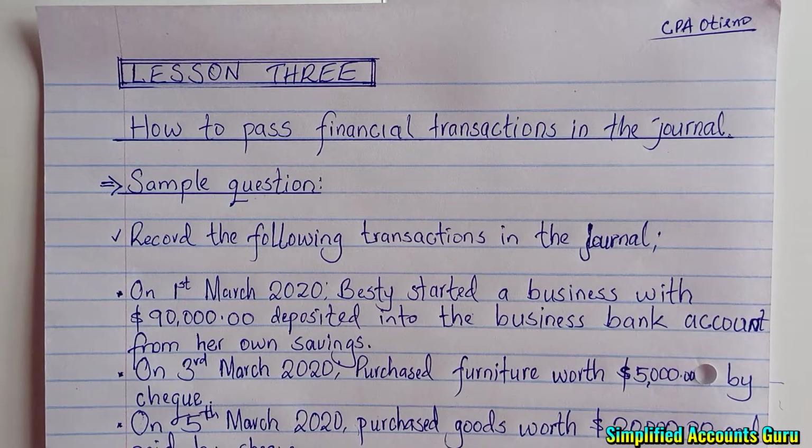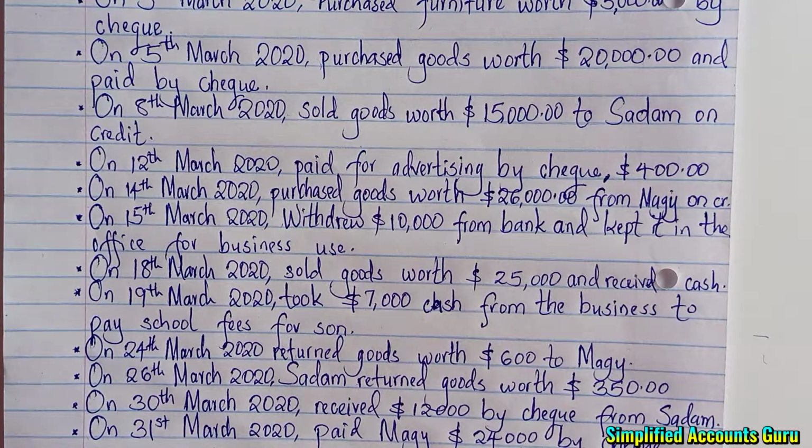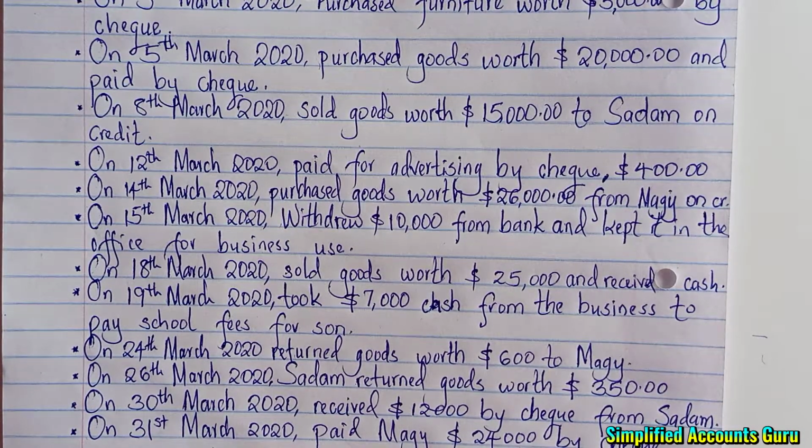Number 2, on 3rd March 2020, purchased furniture worth $5,000 by check. On 5th March 2020, purchased goods worth $20,000 and paid by check. On 8th March 2020, sold goods worth $15,000 to Saddam on credit.